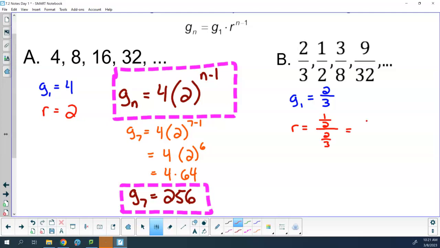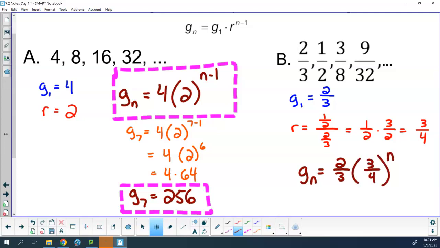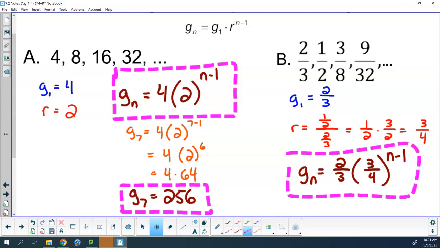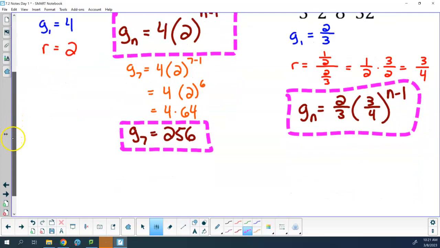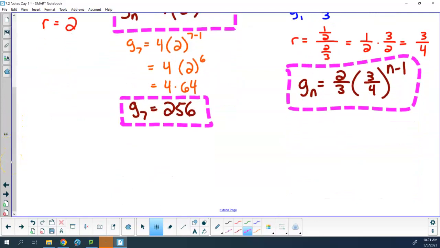Keep change flip tells me that's 1/2 times 3/2. Multiplying fractions tells me that's 3/4. Right? Okay. So my rule then would be 2/3 times 3/4 to the n minus 1 power. Yes? Okay. We need to find the seventh term now.